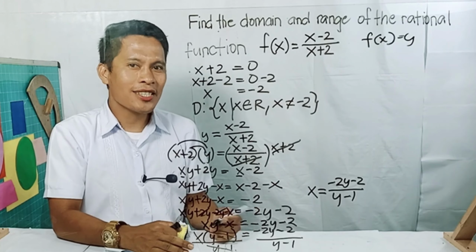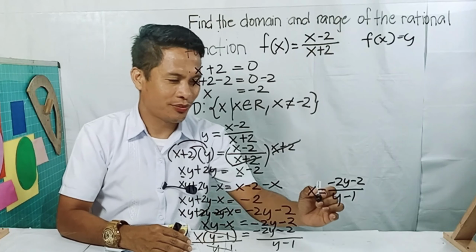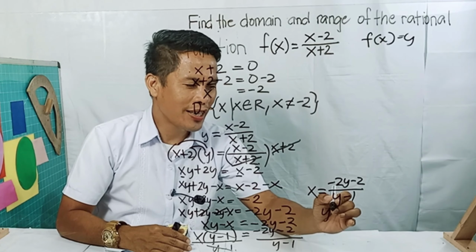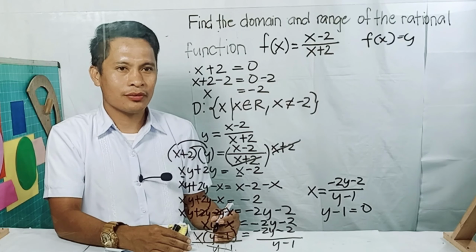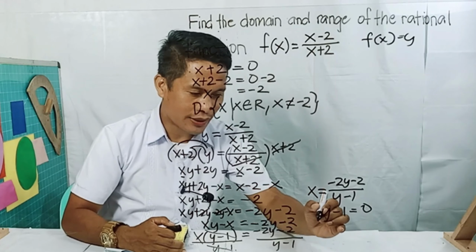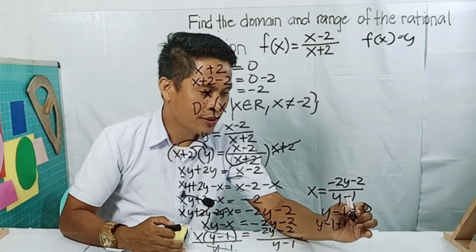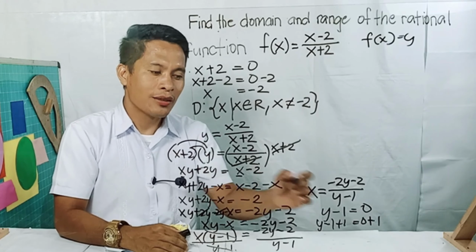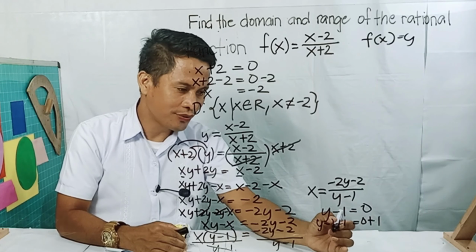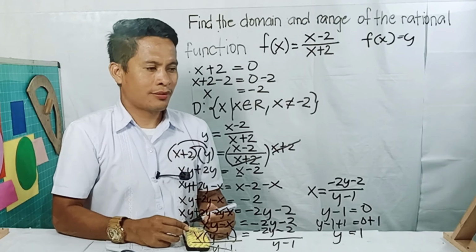Let's find the range by equating our denominator to 0. So y minus 1 equals 0. Apply addition property of equality: y minus 1 plus 1 equals 0 plus 1. Negative 1 plus 1 is 0. Then y equals 1.